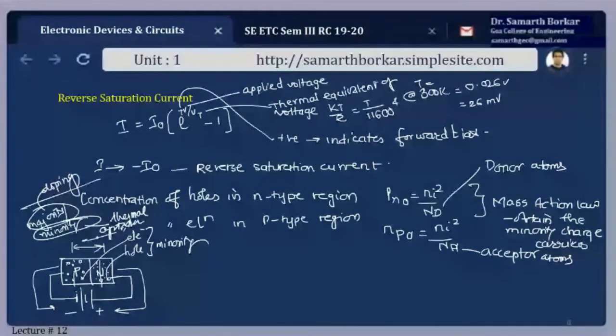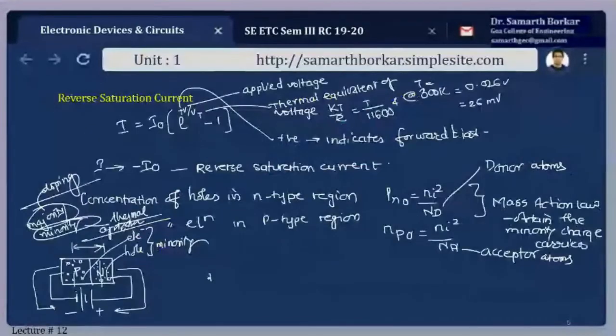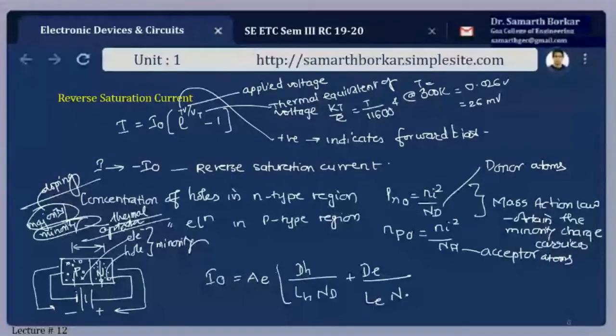So if I substitute this PNO and NPO in this equation here, this equation for I naught, what we get is I naught equals to A e (DH by LH ND plus DE by LE NA) ni square.